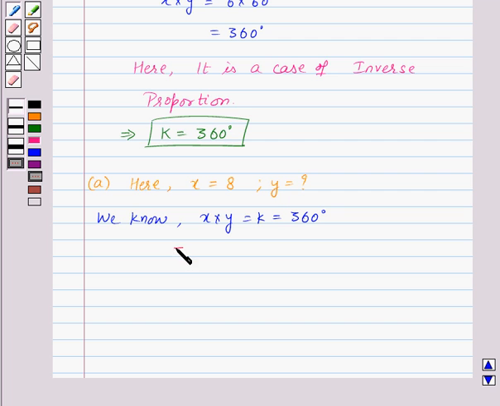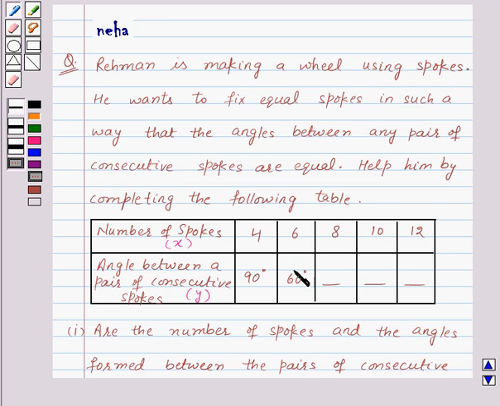This implies 8 into y is equal to 360 degrees, which gives y is equal to 360 degrees upon 8, which is equal to 45 degrees. So let us write 45 degrees over here in the table.